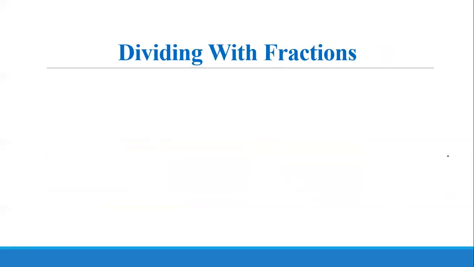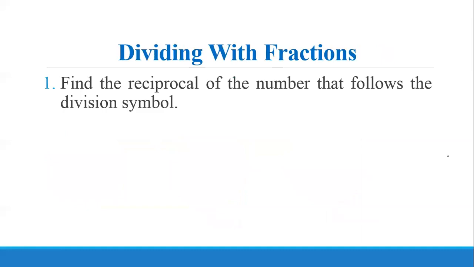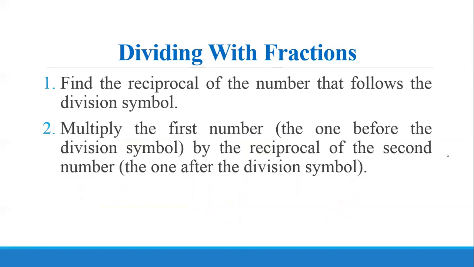Okay, so dividing with fractions, first find the reciprocal of the number that follows the division symbol and multiply the first number, the one before the division symbol, by the reciprocal of the second number, the one after the division symbol. Okay? So, an easy way to remember how to divide fractions is the phrase keep, change, flip.